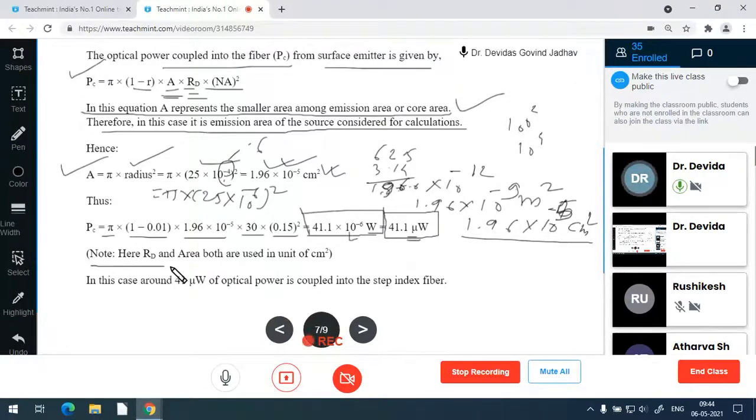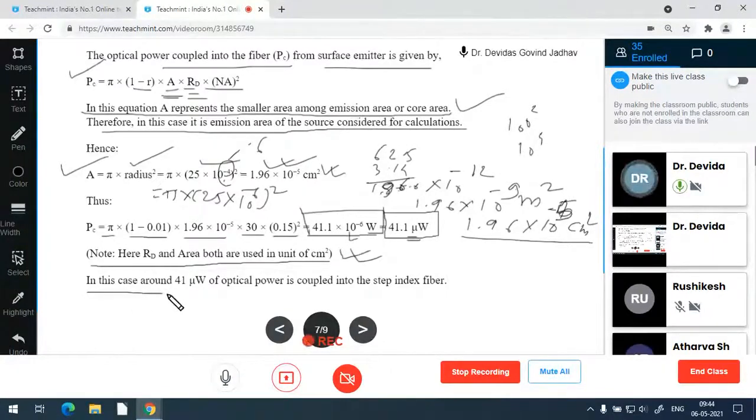Here note radiance and area both use the same unit, centimeter square. That's why we are taking both in the same unit. Radiance is in centimeter square, area we are taking in centimeter square. Otherwise you can also convert radiance to meter square and calculate area in meter square. Both in meter square will also give the same answer.